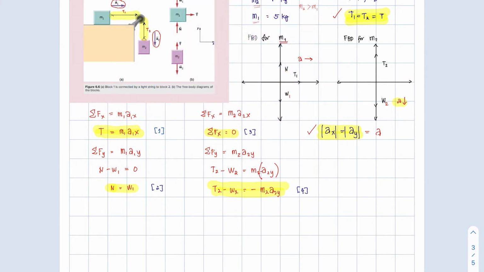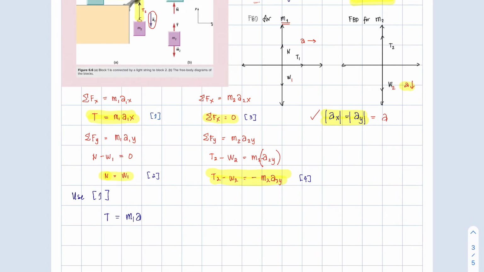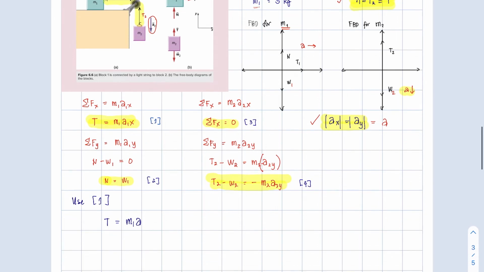So the first thing that comes to my mind is to use equation 1. So if I'm using equation 1, I will have this form. T is equal to M1 A1x. As I've said, I will just denote it as A since A1x doesn't have any difference in magnitude with A2x, A2y, A1y, so just A.